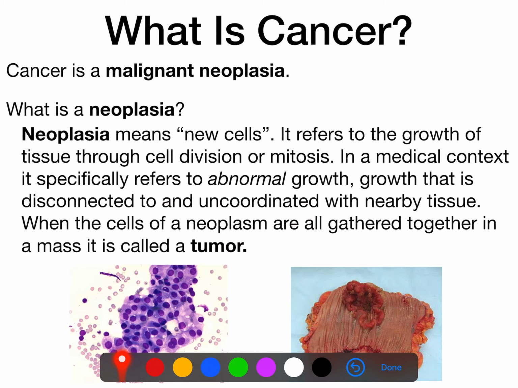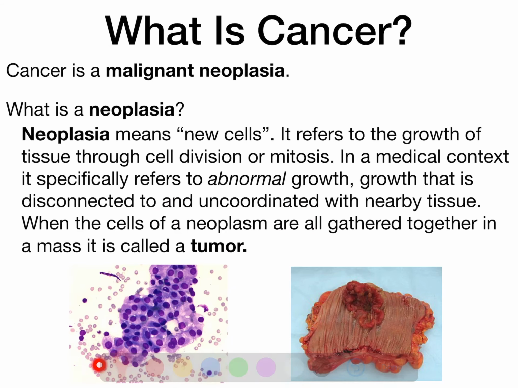When all of the cells of a neoplasm are gathered together in a mass, it's called a tumor. Most neoplasms are tumorous, but you can have neoplasms that result from, say, blood cells, where the cells end up being spread out throughout the body as opposed to all gathered in a tumorous mass.